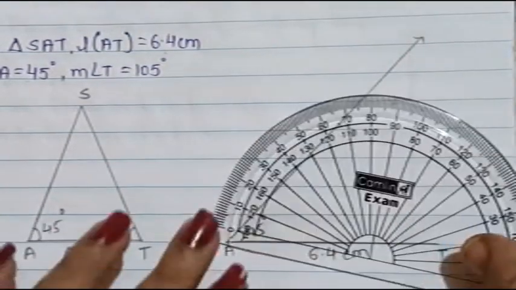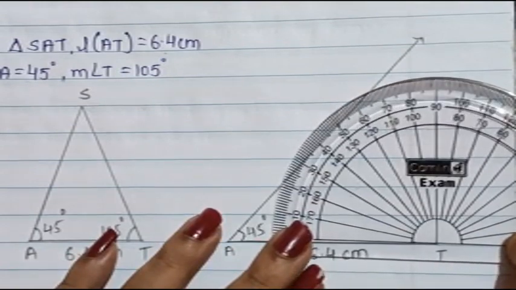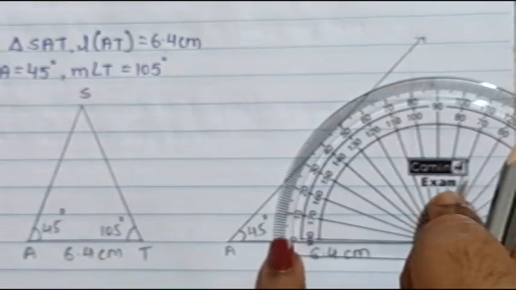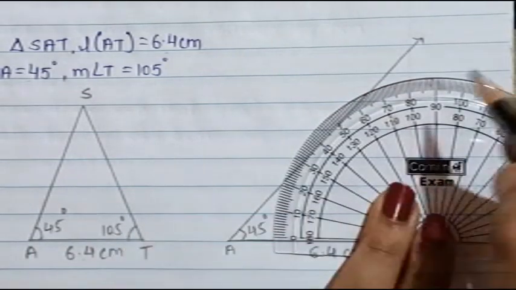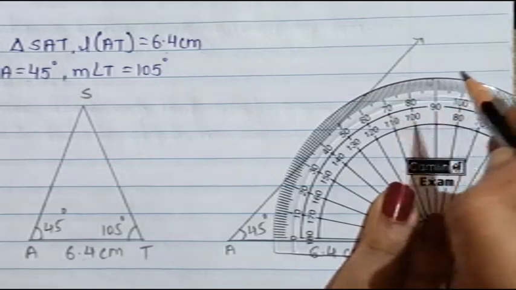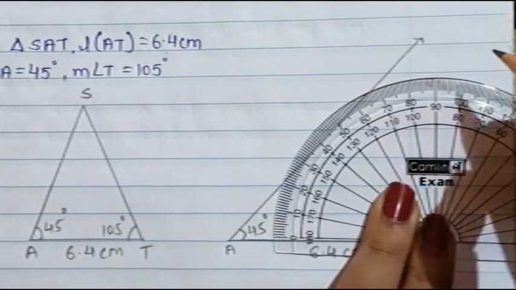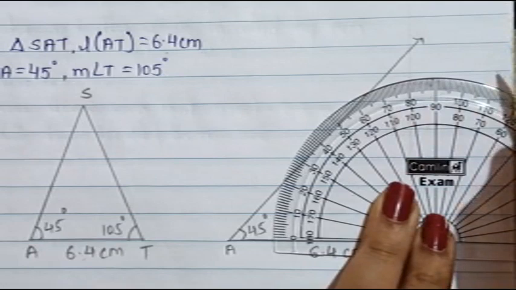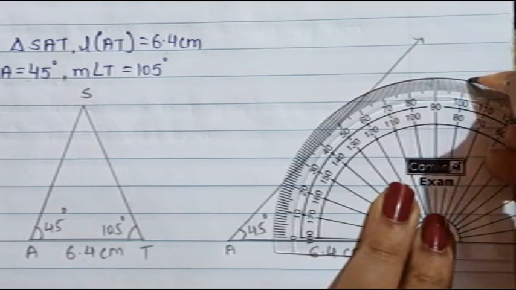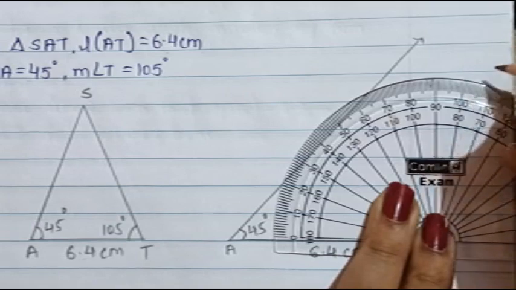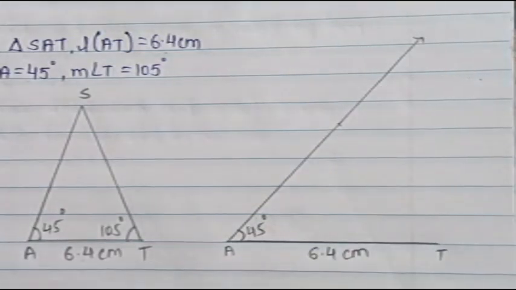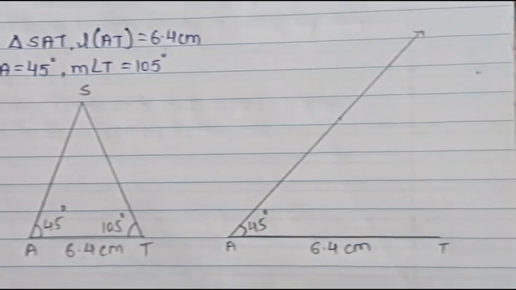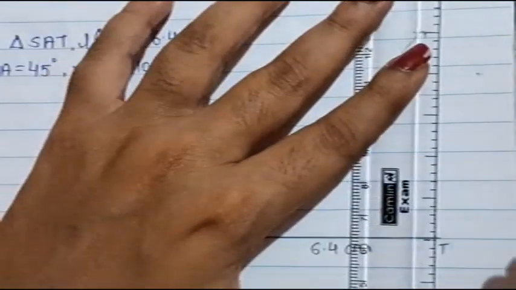Next angle is T, that is 105 degree. So again you will take the protractor and place it at point T. Now you will count from this side. So from here it is 105 degree. So 100 is over here, 105 degree. So it's here, 105 degree it is. Okay. So I have got the point. Now I'll just join it.